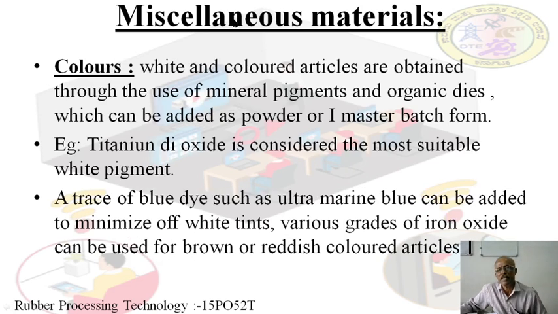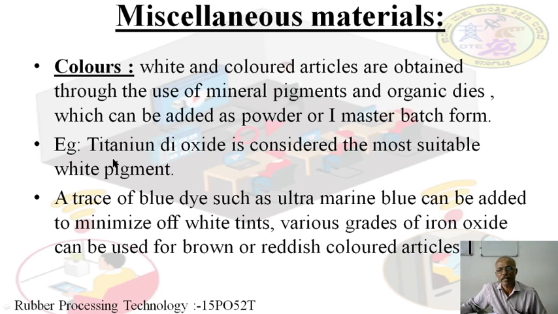Next comes miscellaneous materials. Under miscellaneous materials, first come colors. White and colored articles are obtained through the use of mineral pigments and organic dyes, which can be added as powder or master batch form.